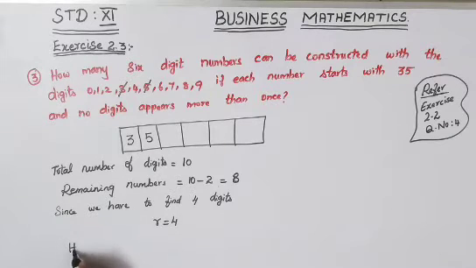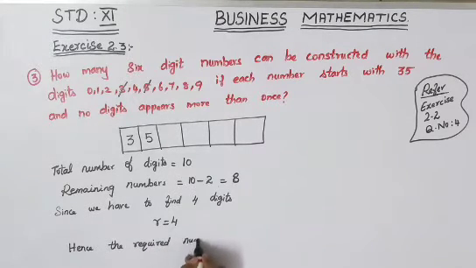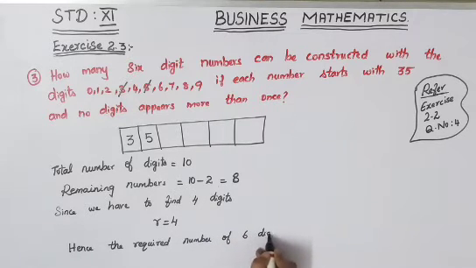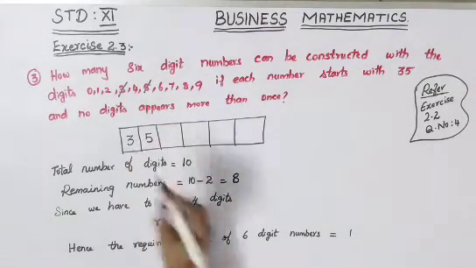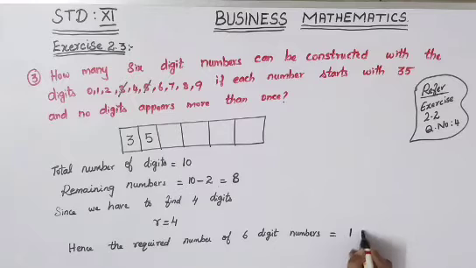Hence the required number of 6-digit numbers is equal to 1, because here 3 is already fixed, so only one number is fixed. Again here 5 is fixed, so one number is fixed.